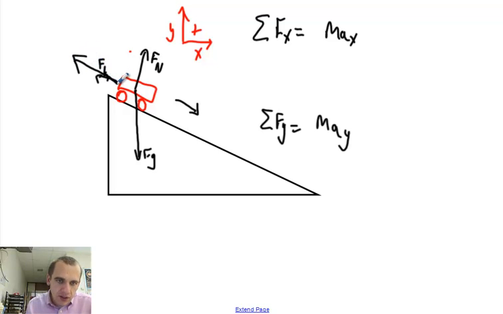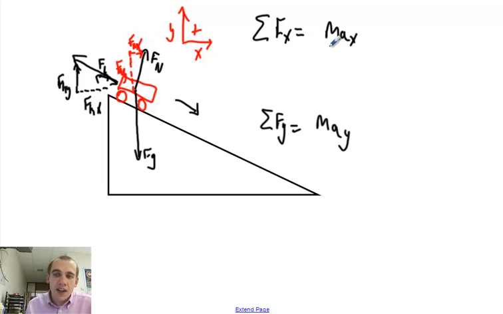X is in this direction and in this direction, so I have Fk,x and Fk,y. Same thing with the normal force. It doesn't act in x or y, but it has components that act in both: Fn,y and Fn,x.